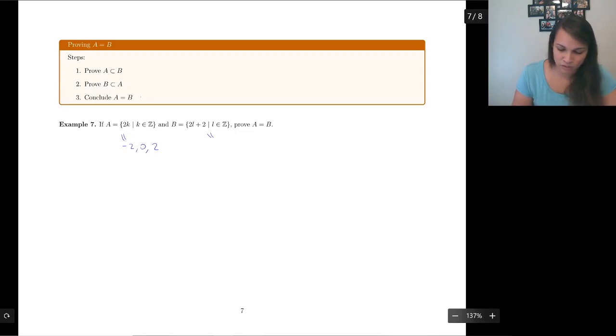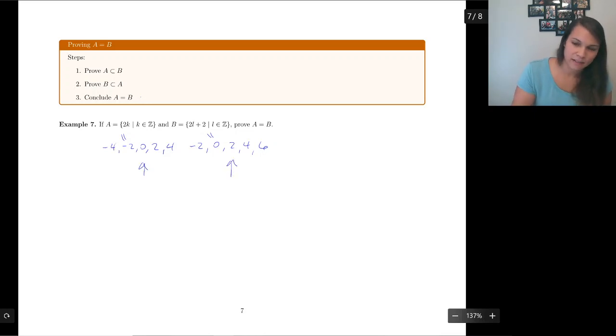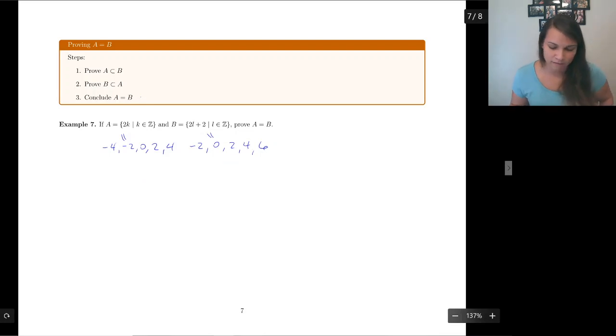And if we start with l as -1, you would get 0, 2, 4. So from here you can kind of see it, maybe if we do one more in each direction to be extra convincing. I can definitely see that this is the evens, and I can definitely see that this is also the evens, just offset funny. Let's prove that they're equal.